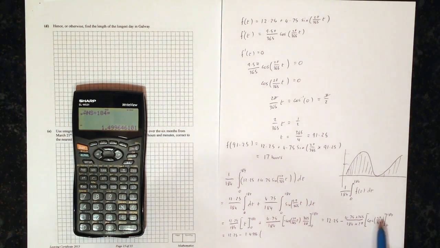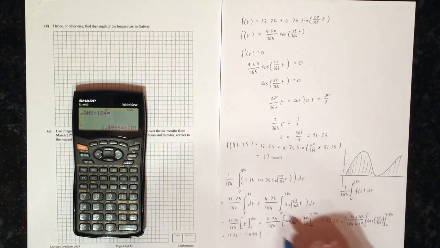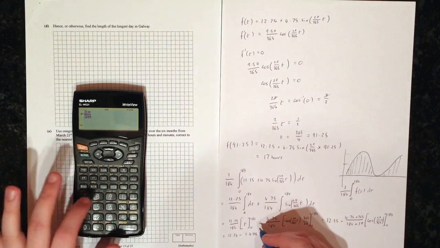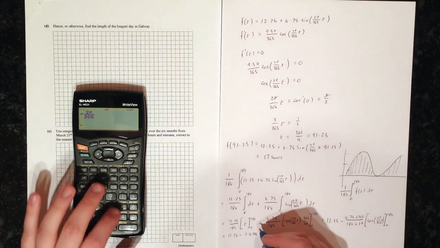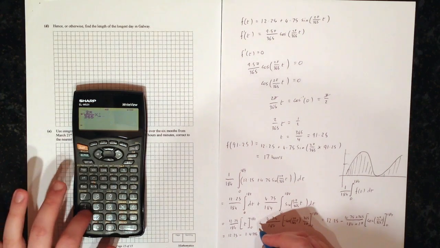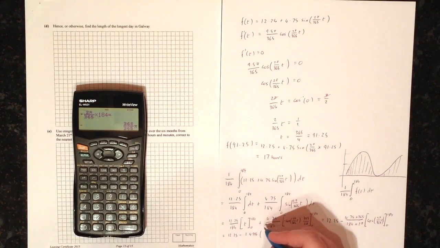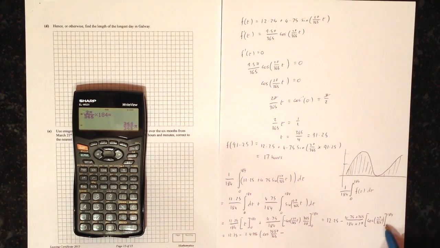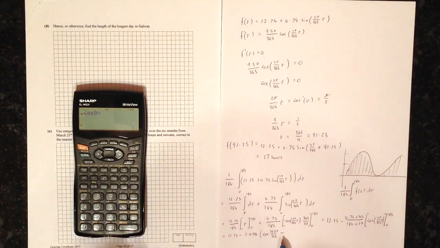And that will be multiplied by the evaluation of this from 0 to 184. So that's going to be cos of 2 pi divided by 365 multiplied by 184, which is going to be cos of 368 pi over 365, minus this evaluated at 0, so this will be the cos of 0. Cos of 0 is equal to 1.